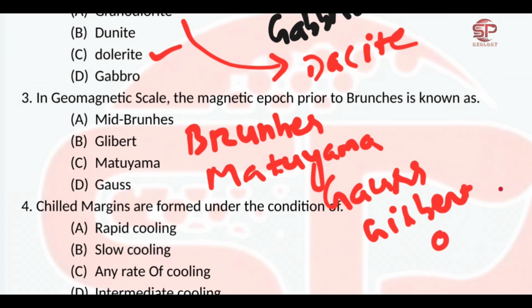Gilbert is the oldest, Brunhes is the youngest. So the magnetic epoch prior to the Brunhes would be Matuyama. Answer will be Matuyama.